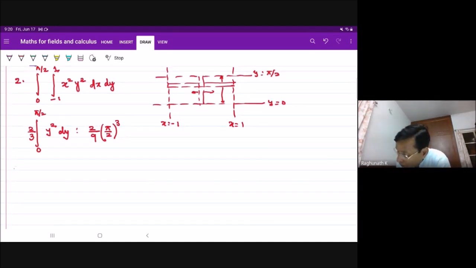3. Integral 0 to 1, integral x squared to x, 1 minus xy dy dx.